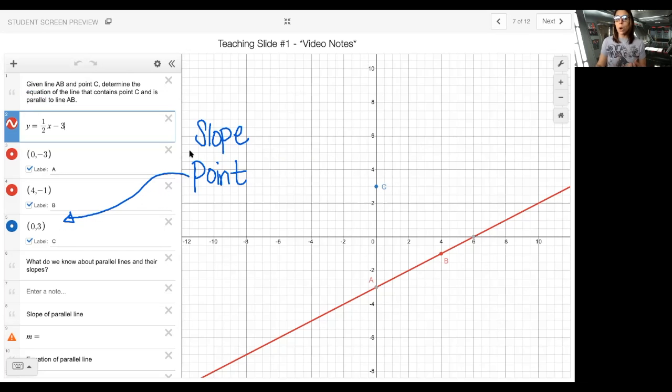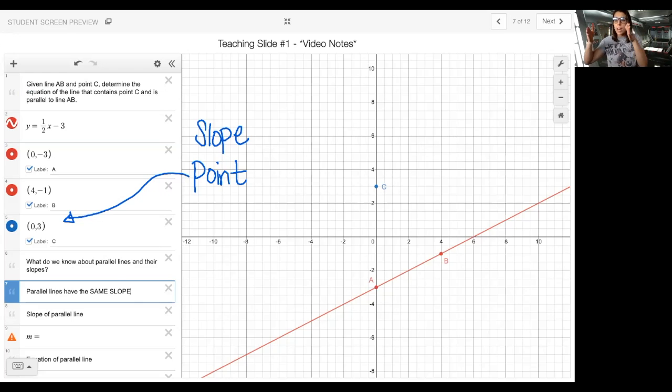So that brings us to our first question. What do we know about parallel lines and their slopes? Well, we know from our exploration yesterday that parallel lines have the same slope because they are rising and running at the same rate, but they are never getting closer together, even as they move on to infinity. Okay, so what does that tell us about our new line that's going to contain C?